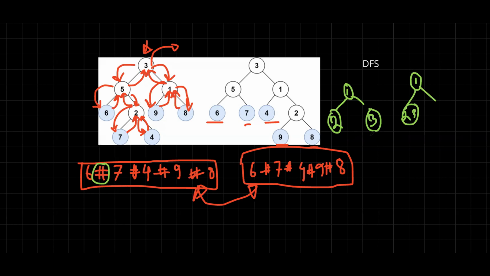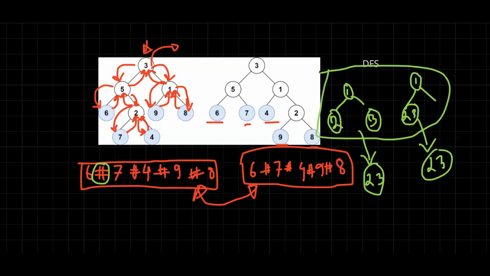Now here, if we do not use the separator, the first tree's leaf sequence will be 23, 2 and 3, and the second tree's sequence will be 23. Here, if we do not use the hash or any separator, both values will be equal, but the trees are not equal, right?